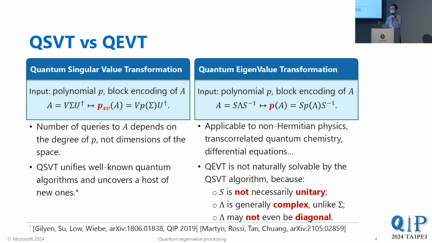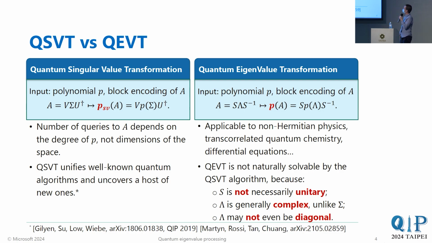You only look at the singular value part, and you apply some polynomial function on that part. A quantum algorithm was developed in 2018 for solving this QSVT problem. It was found that this algorithm can be applied to solve some other quantum problems beyond the linear algebraic setting. So this is basically the QSVT story.